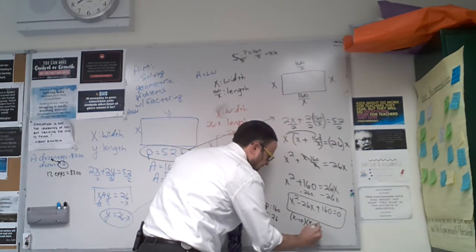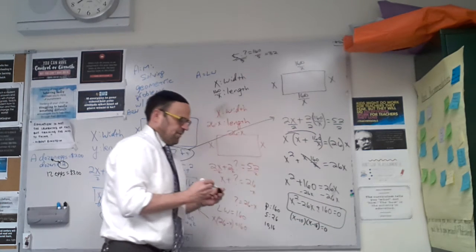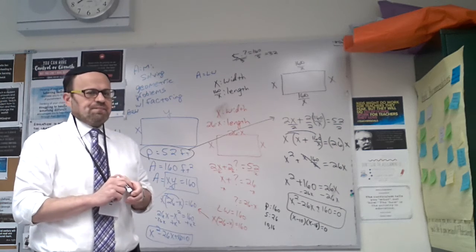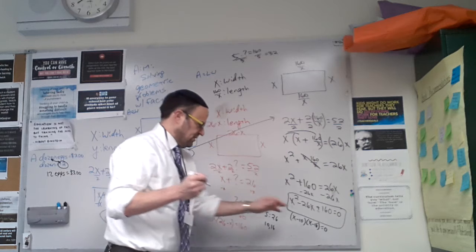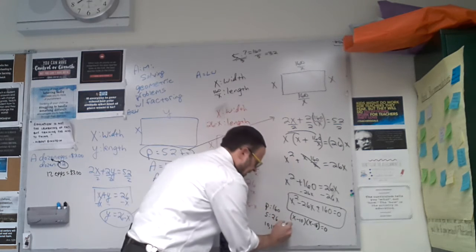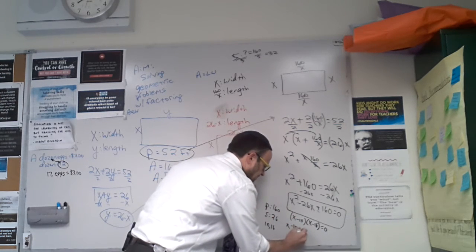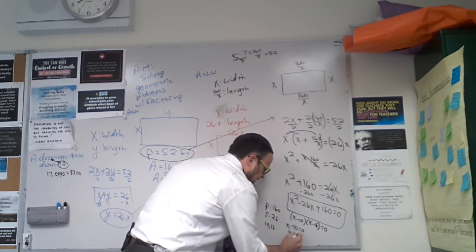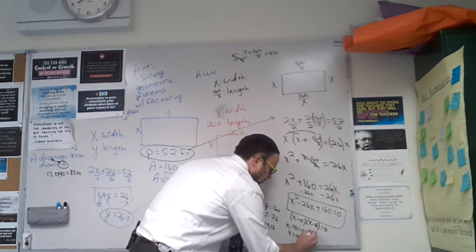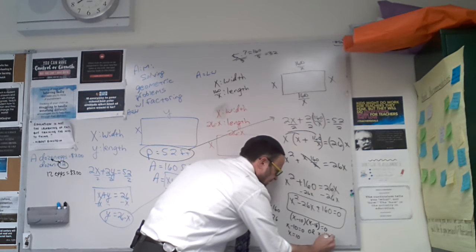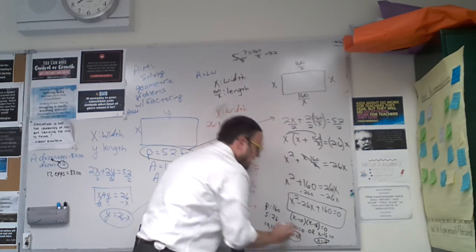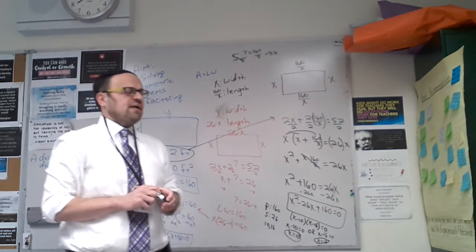And again, you all know how to do that last step. And, oh, actually, one thing I will add, because we do have to check our answers with any geometry type problem. X equals 10, or x minus 16 equals 0. I got two possibilities. X equals 10 and x equals 16.